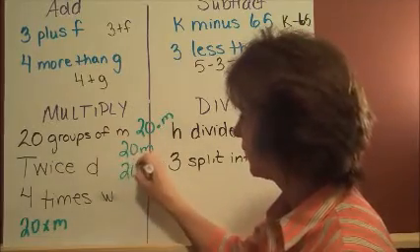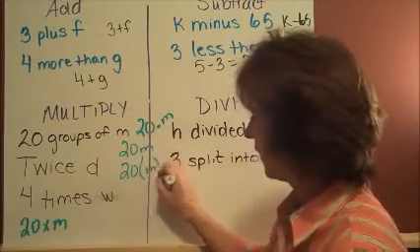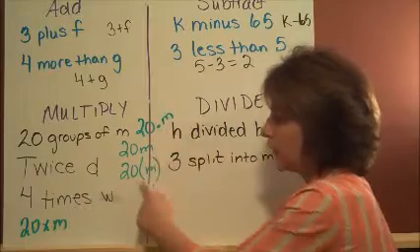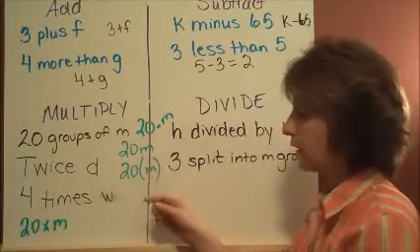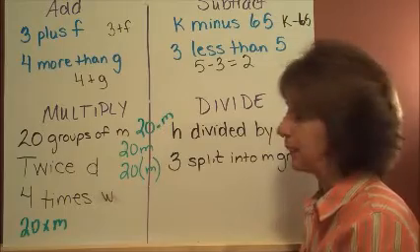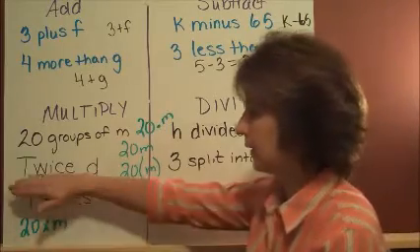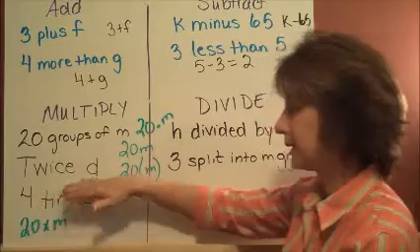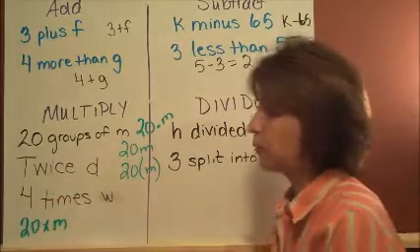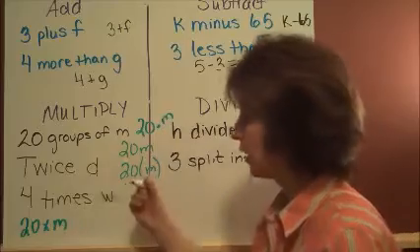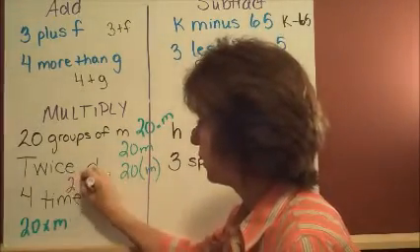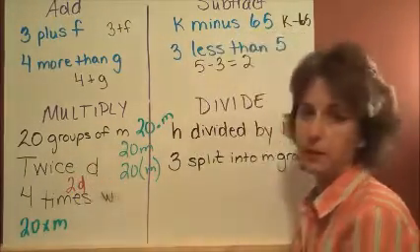All 4 of these things mean the same thing. All 4 of these mean 20 times m. This one says twice d, and it's very important that you know that twice always means 2. So 2d is the best way to write that one.